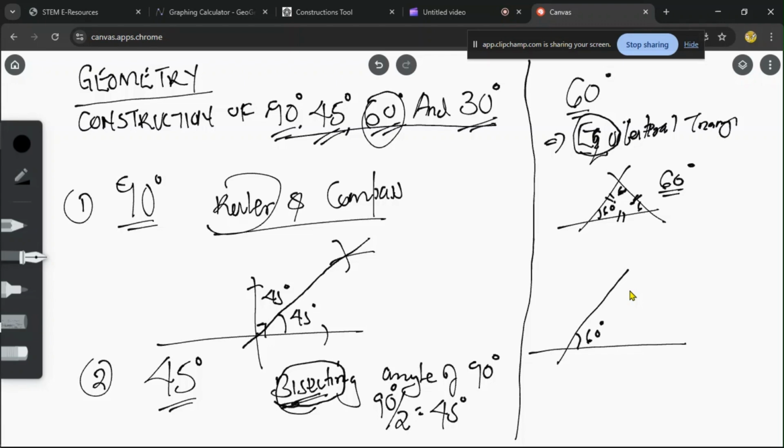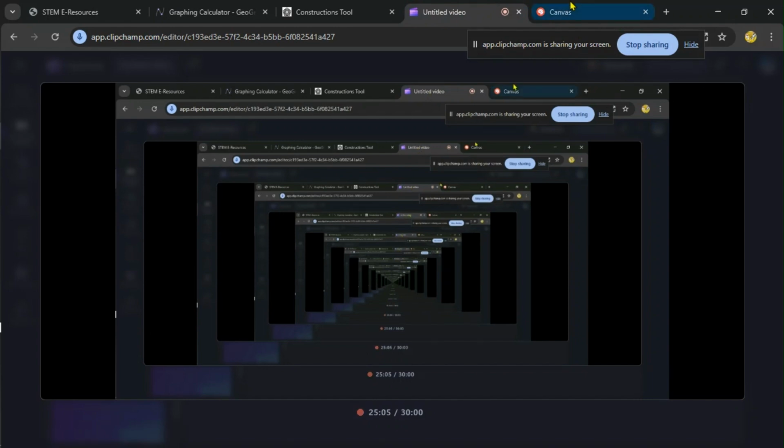So I'll just bisect this angle, and do the same procedure. I'll put the two marks on this side and on that side. Then I use my compass, I put a mark there, I put a mark there. If I join this one, to be accurate, this angle will be 30 degrees and this one will be 30 degrees.